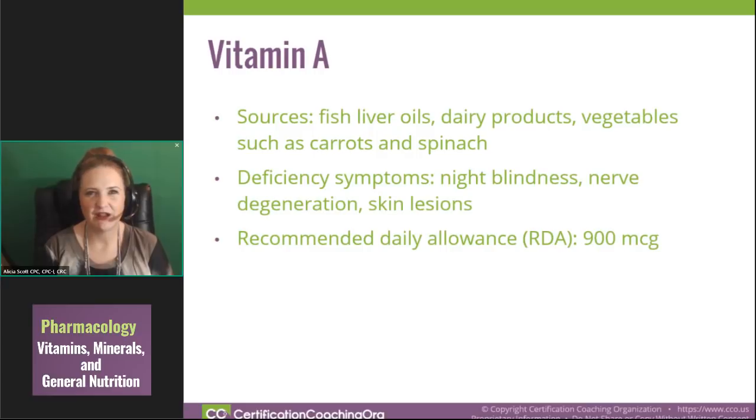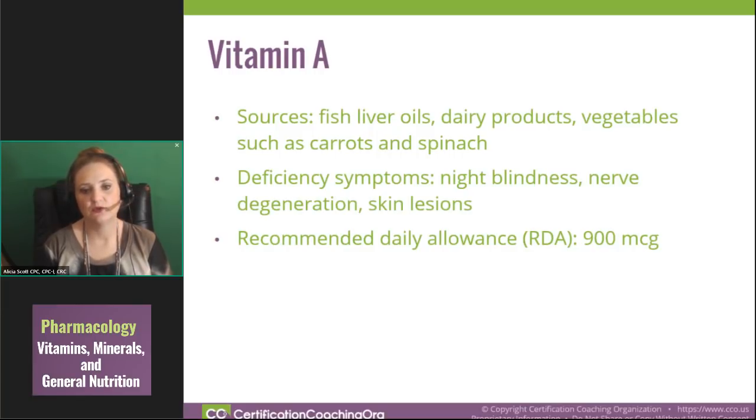I think I was in junior high or just maybe getting into high school when I remember that vitamin A was a big deal, and for good eyesight, you want to make sure you eat carrots and spinach. Quite honestly, carrots and spinach are extremely good for you, and spinach is not only high in vitamin A, but it's extremely high in calcium, which you may not have been aware of, which is a mineral.